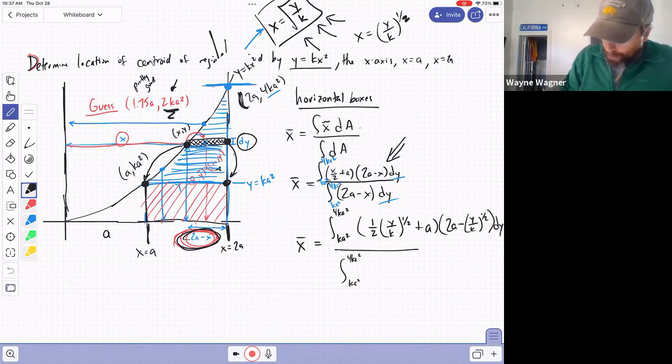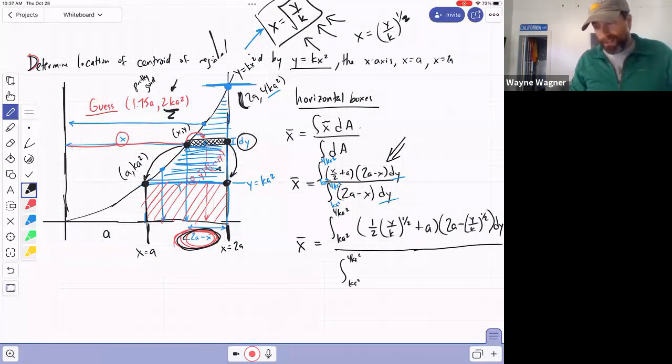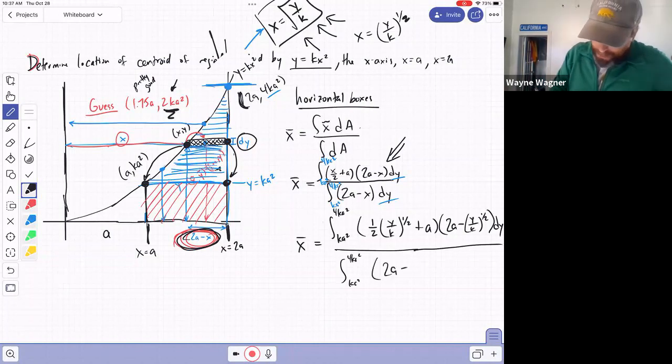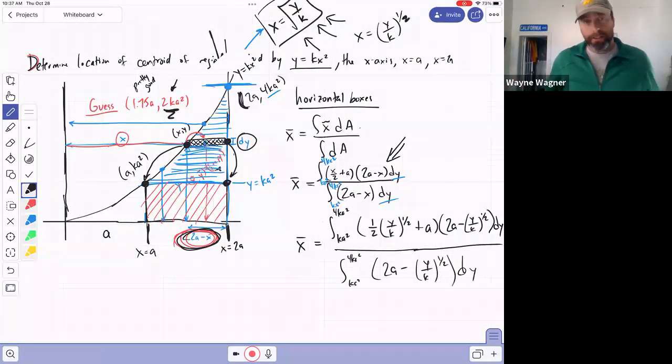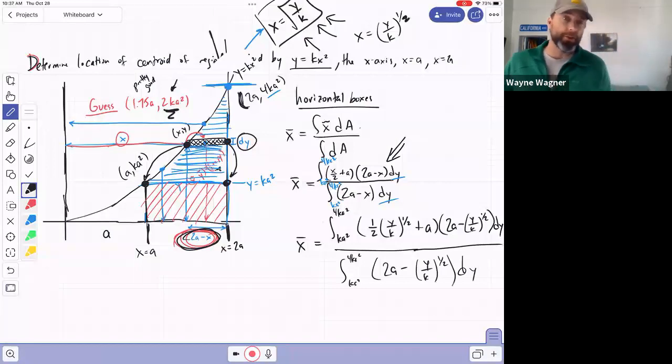In this case, I probably would have FOILed first before plugging in, because clearly you don't want to do a lot of algebra with y over k to the 1/2. On the bottom, we get 2a minus y over k to the 1/2 dy. Okay. Again, you could integrate that. The problem is it would only give us the centroid of the top bit.